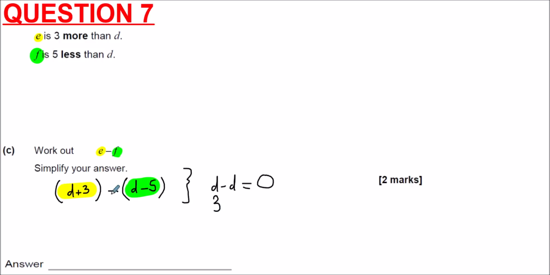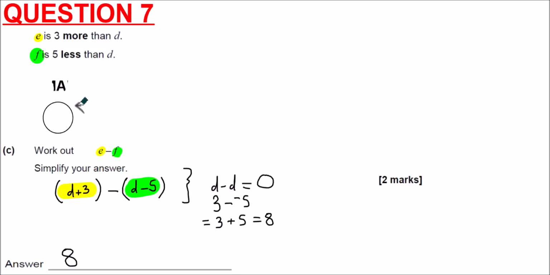Now we're going to subtract minus 5. 3 minus minus 5 is the same as 3 plus 5. If we've got two minus signs right next to each other, two minuses make a plus. So 3 minus minus 5 is actually 8. So the answer to what E minus F is, E minus F would be 8.